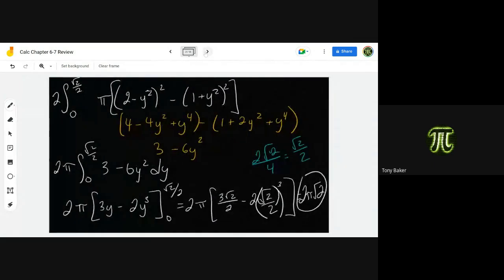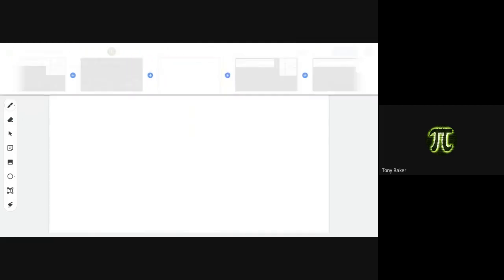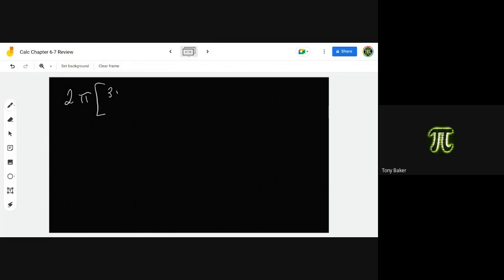Could you explain again the ending part? Okay, we'll just do it this way. I had 2 pi times 3 square root of 2 over 2 minus 2 square root of 2 over 2 to the third.